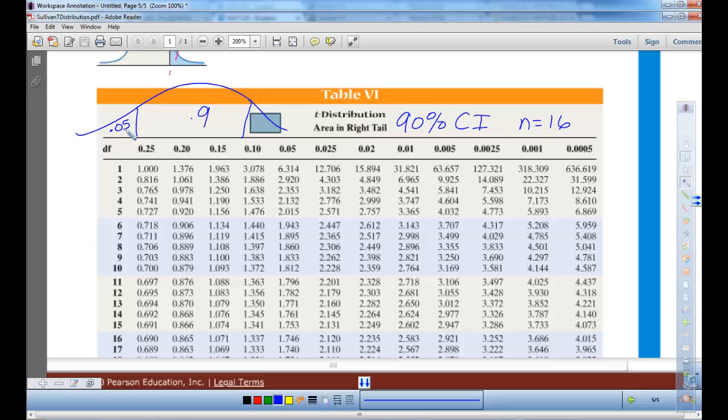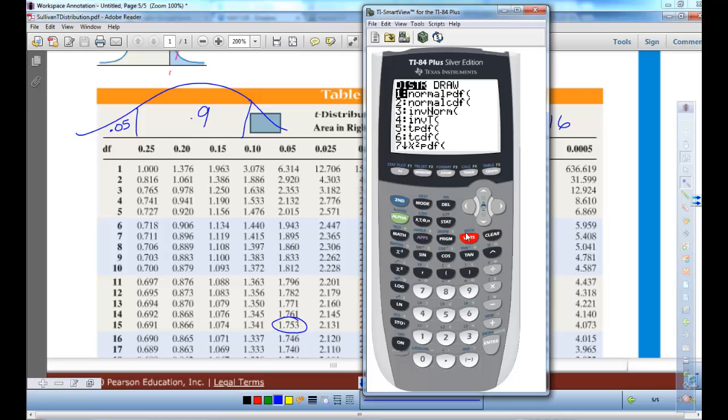And my degrees of freedom would be 15, one less than the sample size. So I would come down to 15, and then I would go beneath the heading for 0.05 right here in the tail. And so my t value would be 1.753.